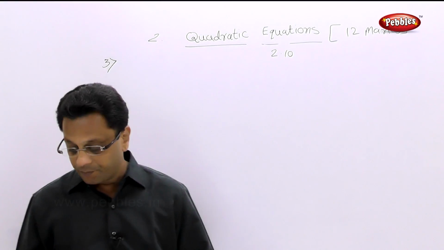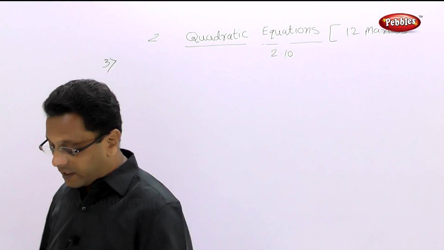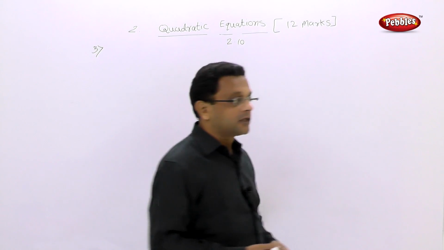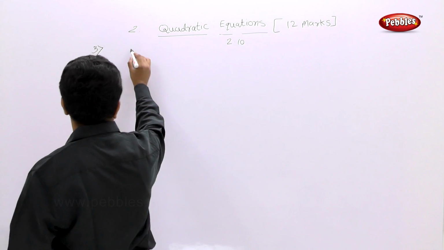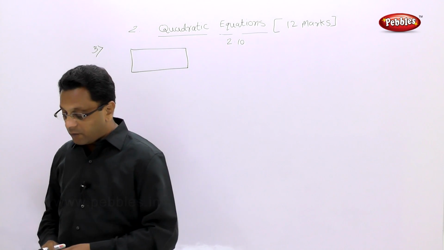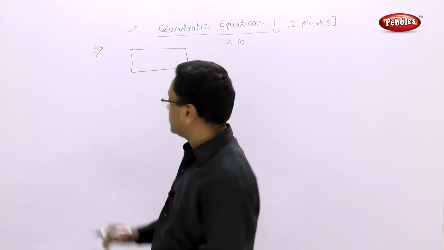Example 3. Here they have given that the length of a rectangle is greater than its breadth by 2 centimeters. Now when such kind of examples are there, you should draw the figure. Okay, let's draw a rectangle. They say that the length of the rectangle is greater than its breadth by 2 centimeters.